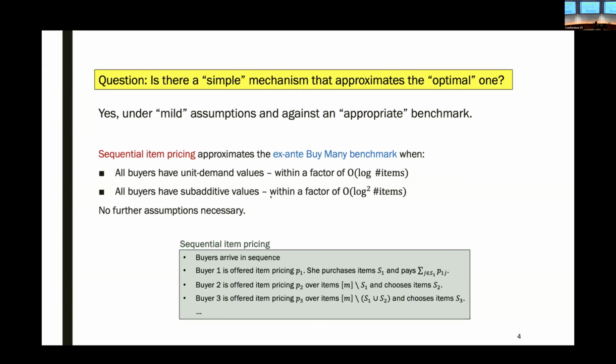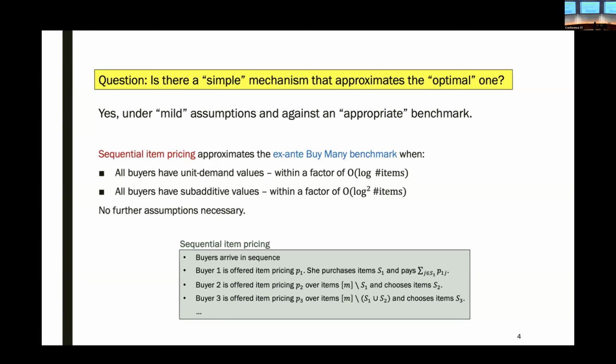This worst case approximation, I'll go over what this is, but it depends logarithmically on the number of items available and doesn't depend on the number of buyers or the value distributions, the range of values, any of those parameters. And what's more, and this is really the key point here, is that we do need some assumptions on what kind of value functions the buyers have.